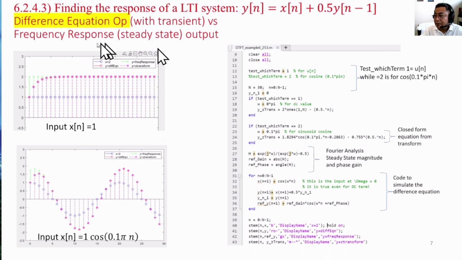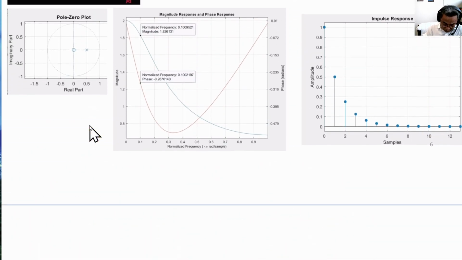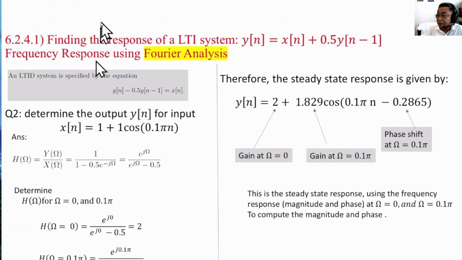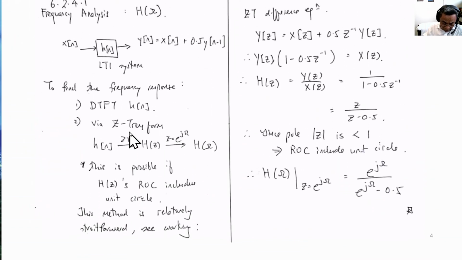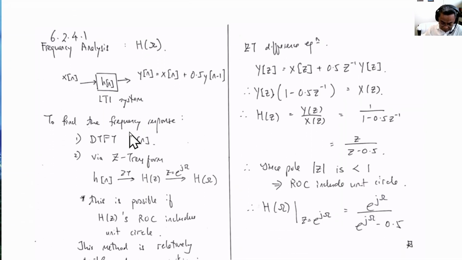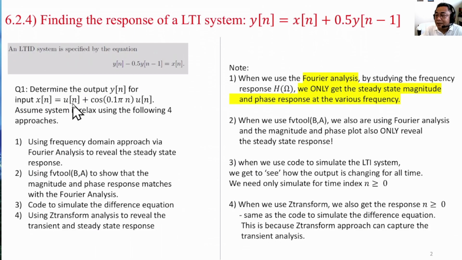On the left part of this is when we are using input equals to 1. Remember that we have two inputs. The inputs to the system are 1 as well as cosine 0.1 pi n. In fact, the real input is not 1 but the unit step, so that means 1 from n equals to 0 onwards, as well as a cosine multiplied by unit step.